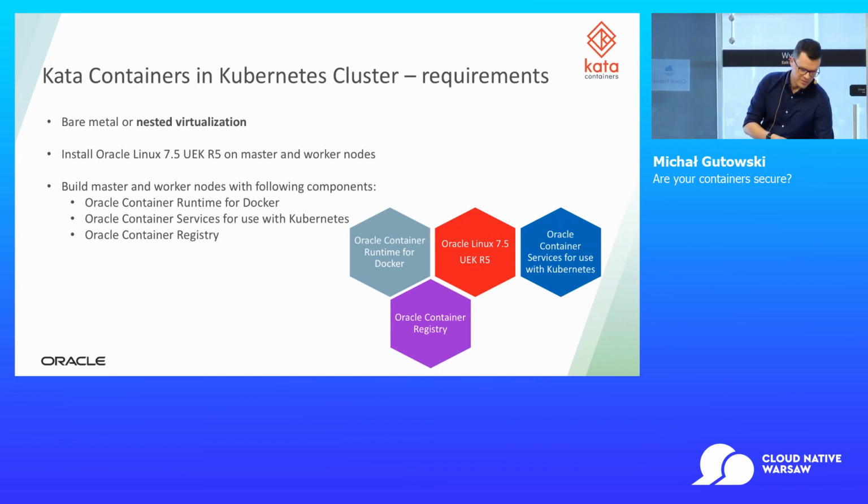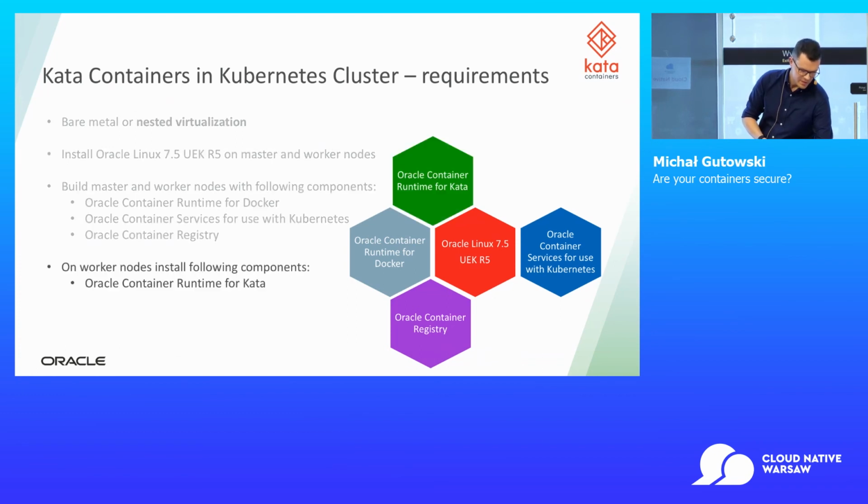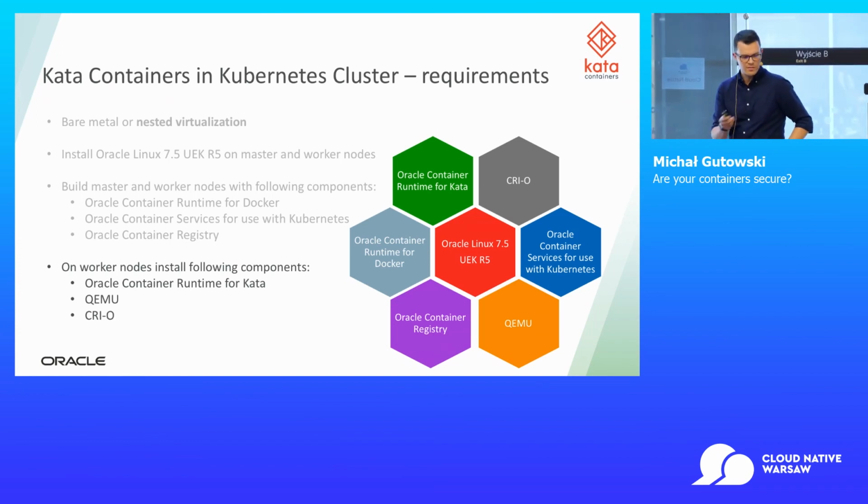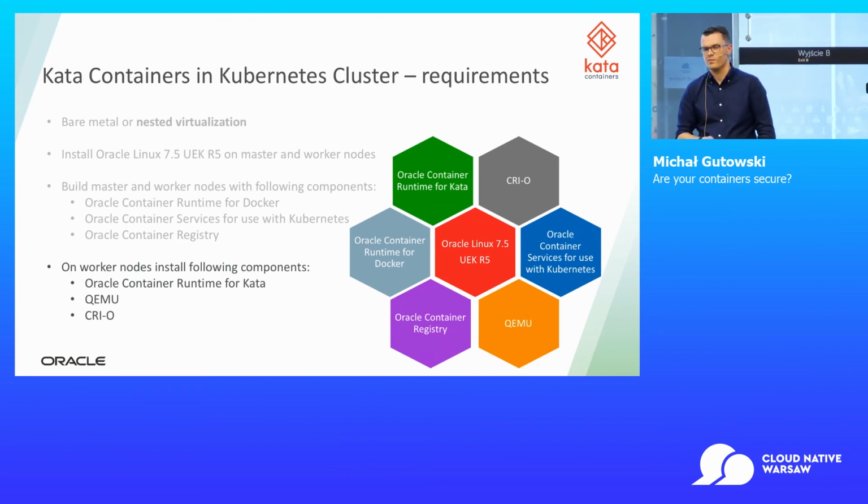You need to get to the Oracle Container Registry, and download our images for Kata containers and the Kata runtime. You need to install our QEMU, and you need to install CRI-O. So these are all the components that are needed to test Kata.